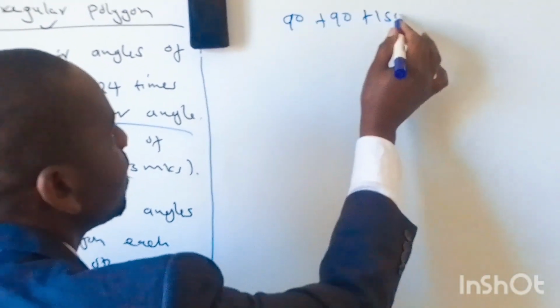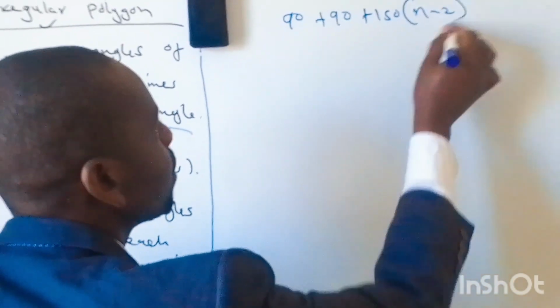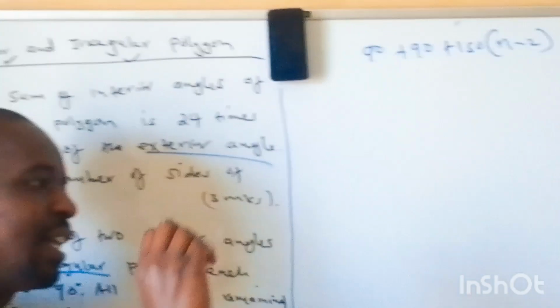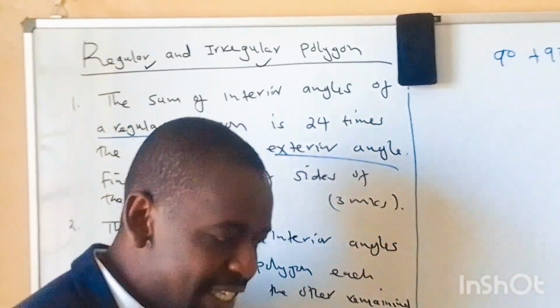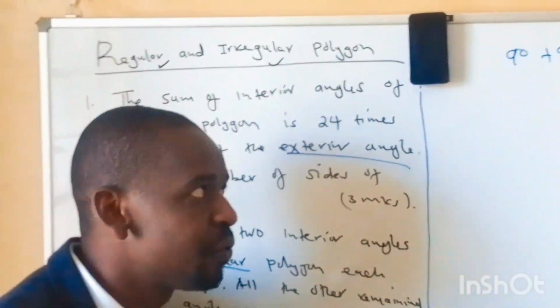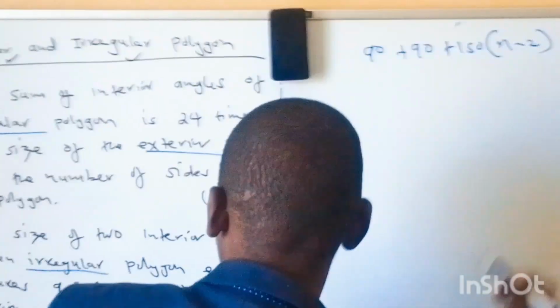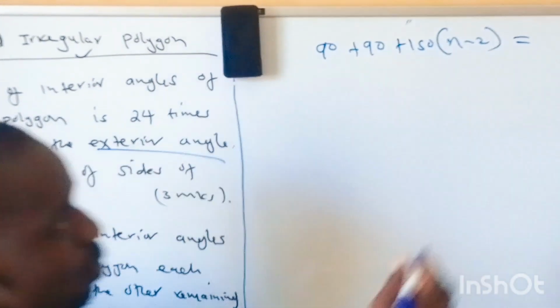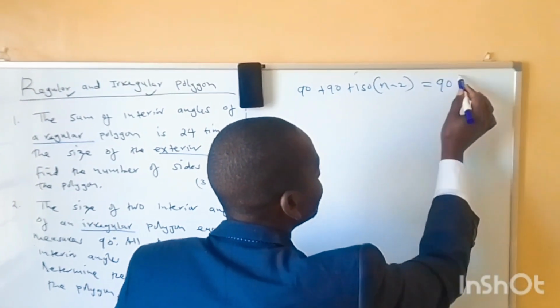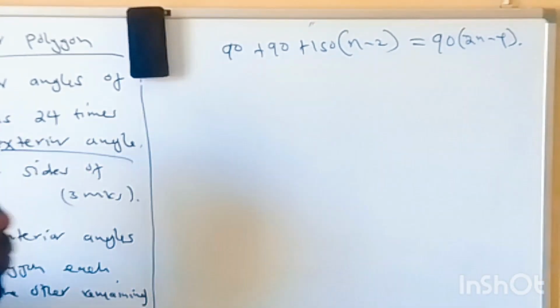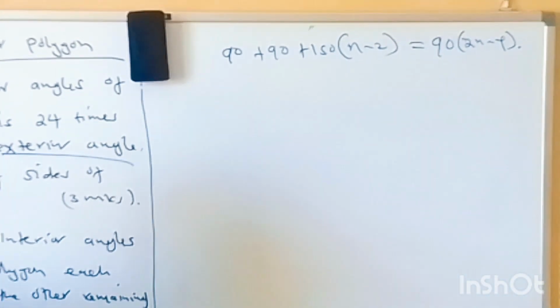So it is 150 into n minus 2. Remember, this formula n minus 2 can also apply to get the number of interior angles which are there. This is equal to the total sum of the interior angles. And we said it is 90 into 2n minus 4. So that is the equation that you're supposed to form.